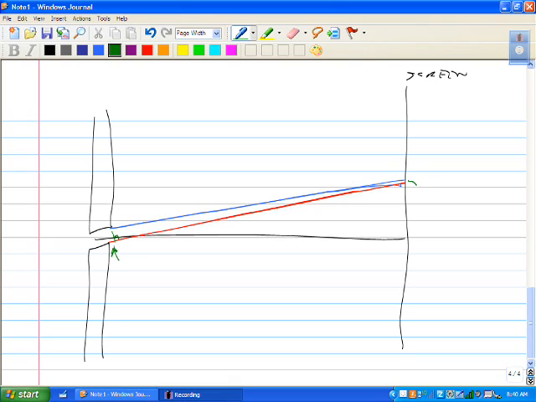If this over here is some distance x, where here is a minimum, what's happening at that point?